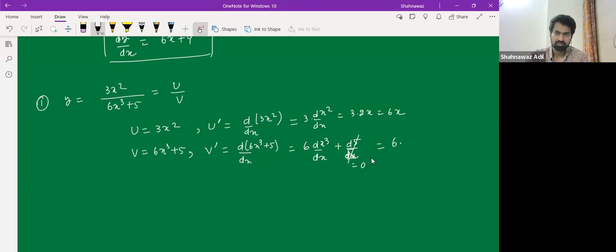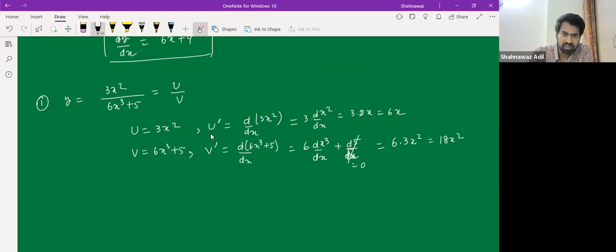It is d by dx of x cube, so it will be 6 into 3x square, so 18x square, not x, right? x square. Yes, sir.